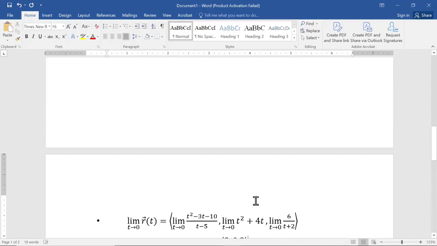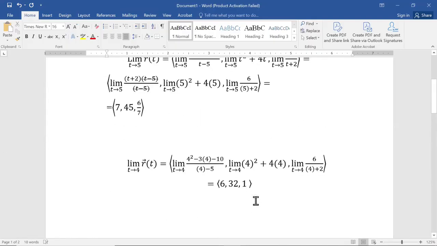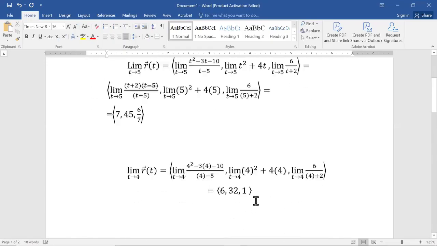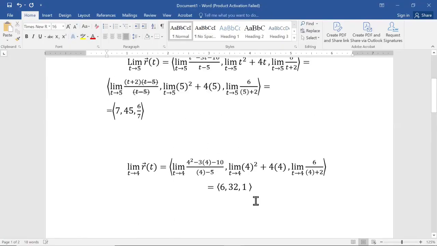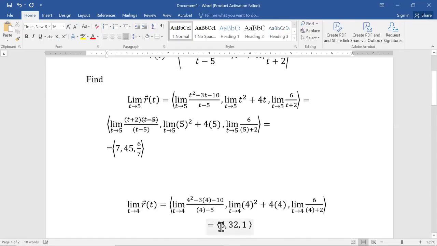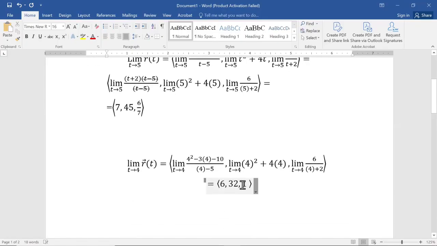Now, another thing I want to point out before I move on is that sometimes you may have quantities in here that match up, like you might have a 6, 32, 1. There might be some other function out there that gives you a 6 for your x component. Again, that does not mean that those things are the same. So remember, a vector is only the same as another vector if all 3 components are equal.